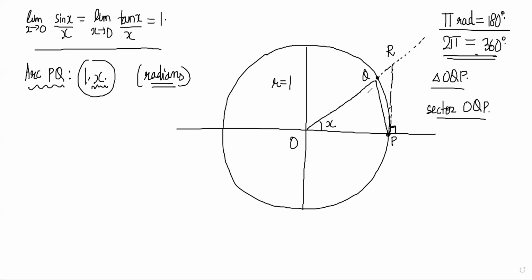Forget about the triangle line. Think of the whole circle, the sector, the part of it, right? And you also have a triangle ORP, right? Yes, sir. So in this figure now, let's try to think of the area of triangle OQP. Area of triangle OQP is a triangle like this, and this is 1, and this angle is x, right?